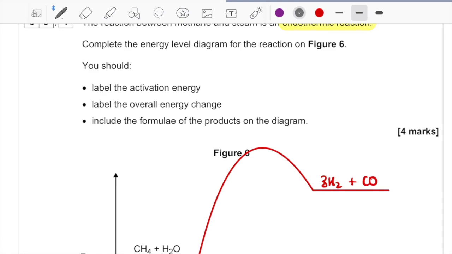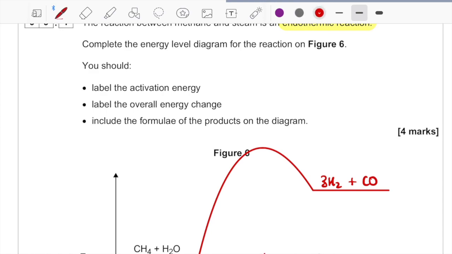You just drew it freehand, and you've got to be so careful. You've got to make it absolutely crystal clear where your arrow begins and where your arrow ends. And from now on, if it's not clearly starting in the right place and finishing in the right place, then you will not get the mark.